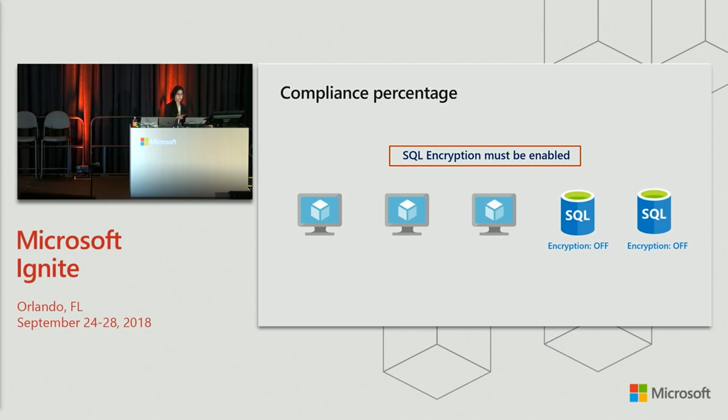And you have 2 SQL databases, you have 3 VMs. 2 of the SQL databases don't have the encryption on. It's turned off. It would be logical that you would think that it's 0% compliant because 2 out of 2 resources have the encryption disabled.